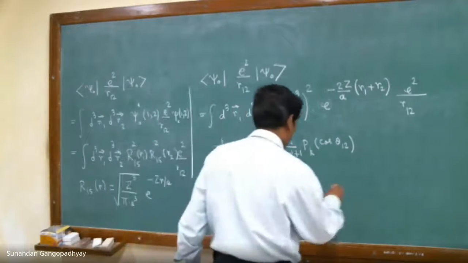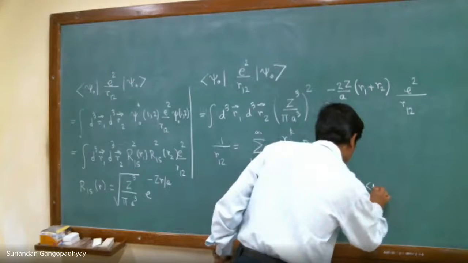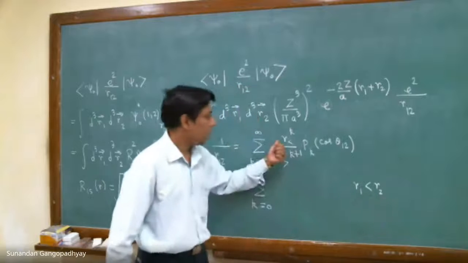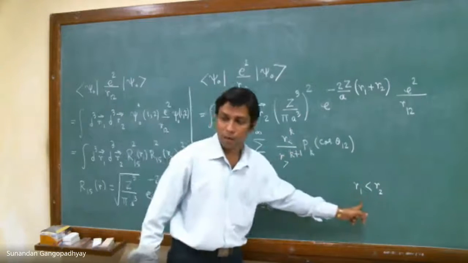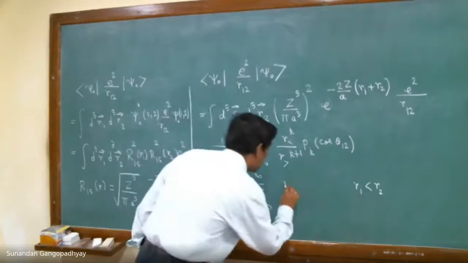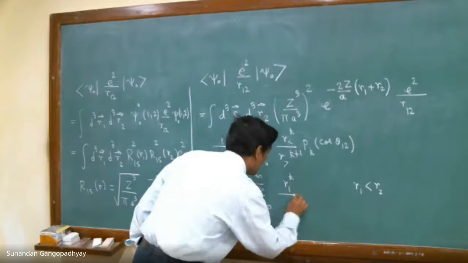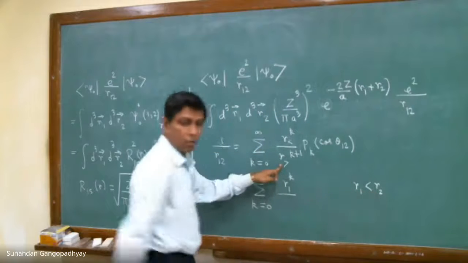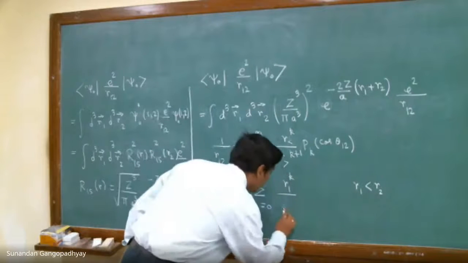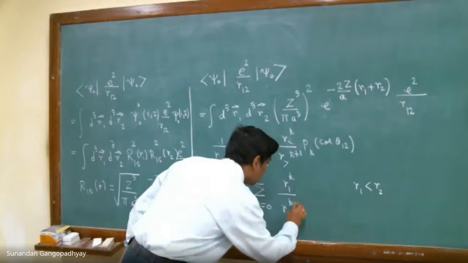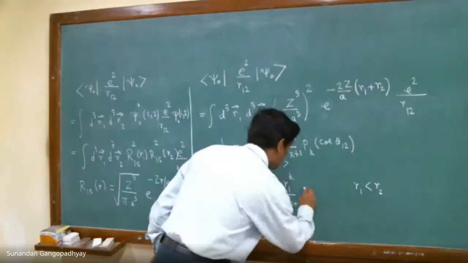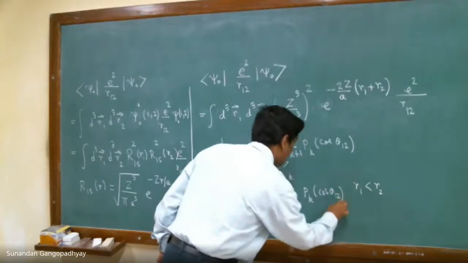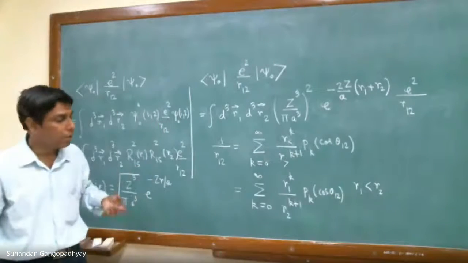So if r1 is less than r2, then r less is r1, so it is r1 to the power of k, and r greater is r2, since r2 is greater than r1. So this is r2 to the power of k plus 1, P_k of cos theta 12. So this is what it means.